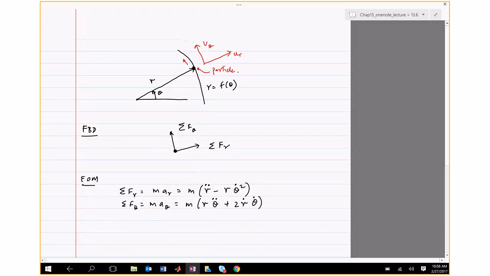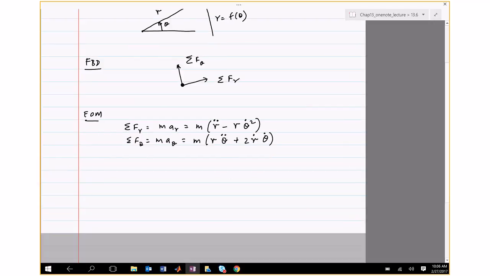Now what might happen sometimes is you are given the forces in the normal and tangential direction, but the curve is given in the r equals f of theta coordinate frame. So this is what I'm talking about.